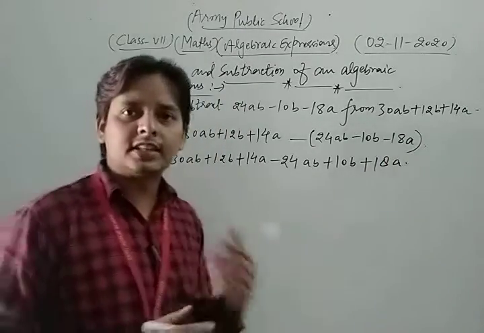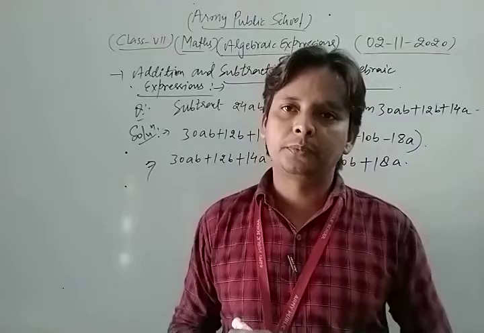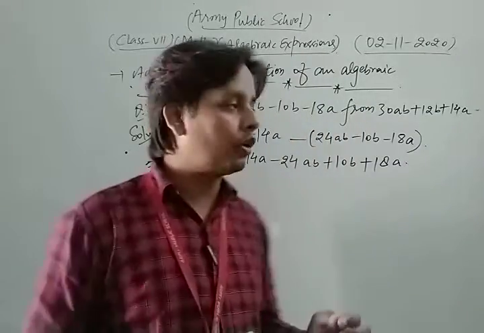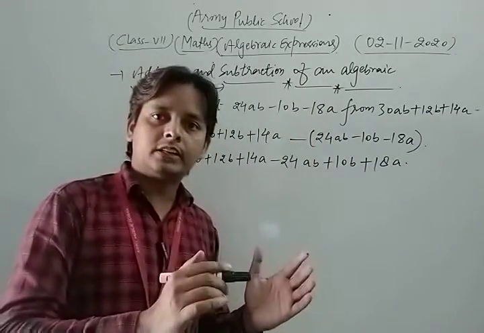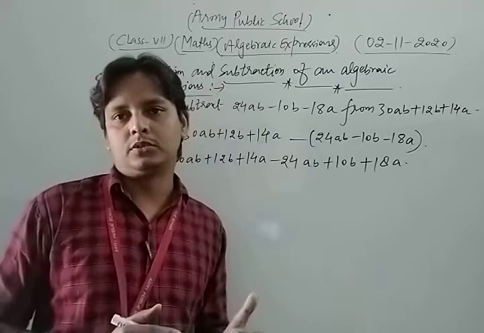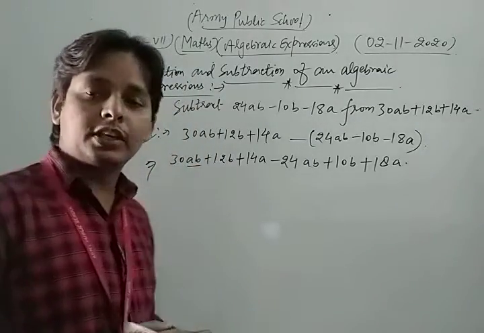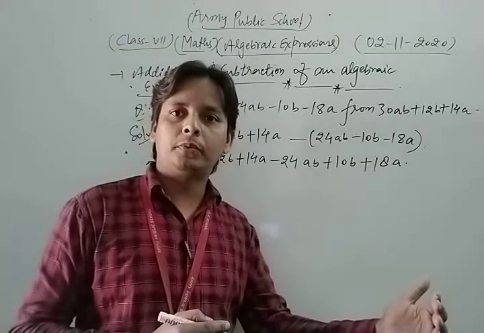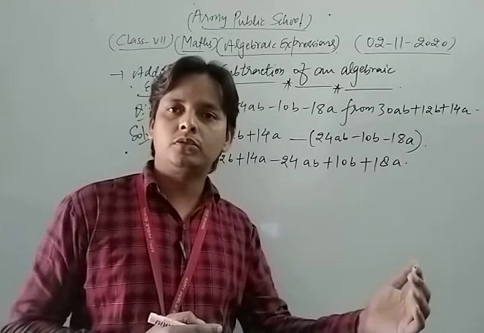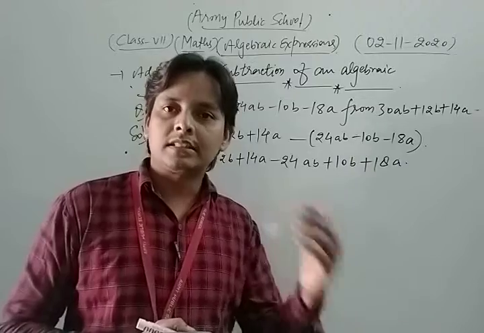Now, dear students, as I discussed, we add and subtract only like terms. So first of all, we collect together the like terms. Like terms are those terms which have the same algebraic factors.